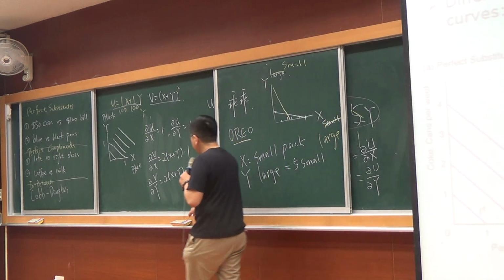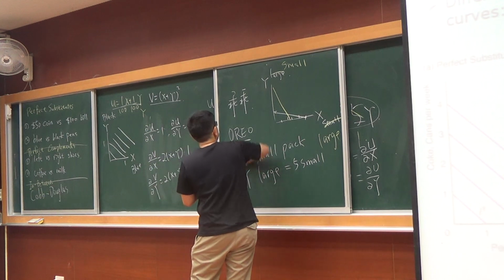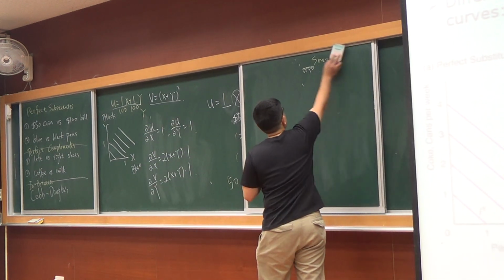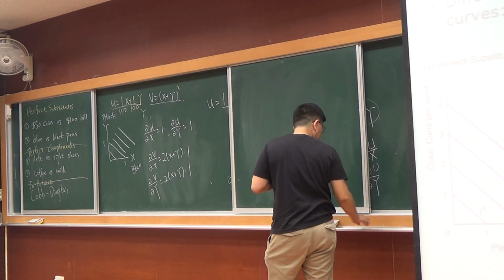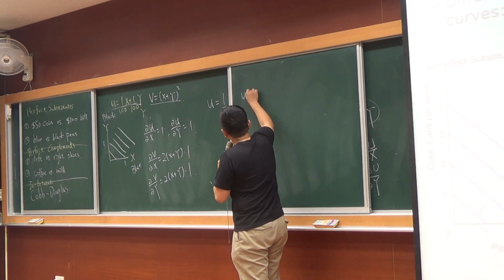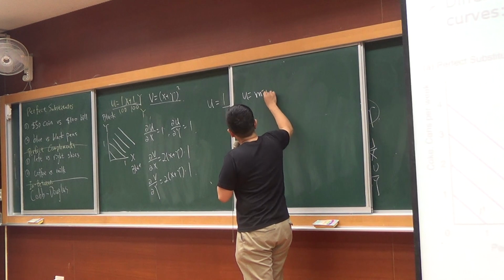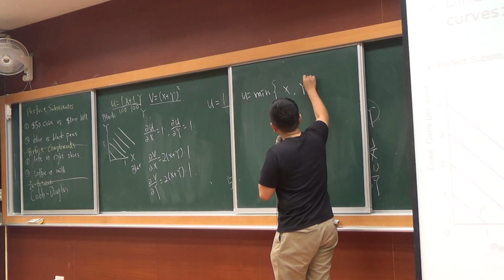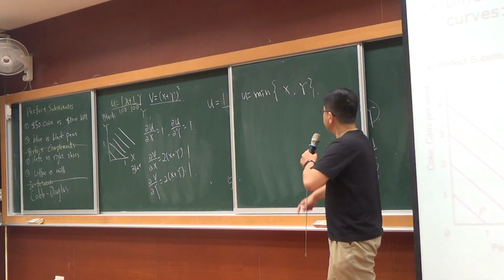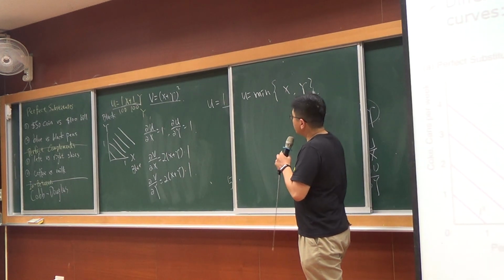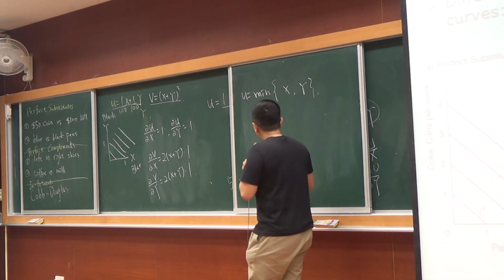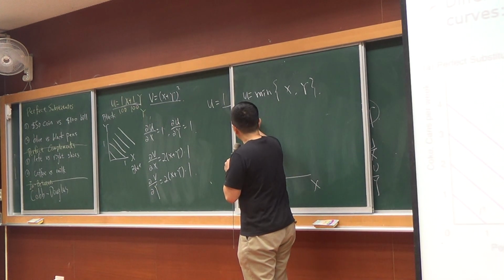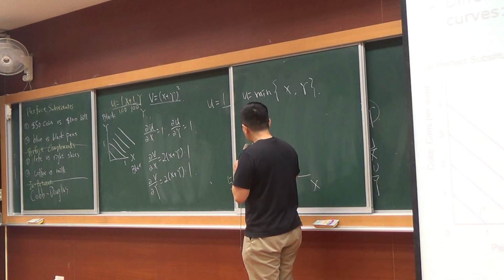So in that case, we care about x and y, the minimum of x and y, where x is the left shoe and y represents the right shoe.